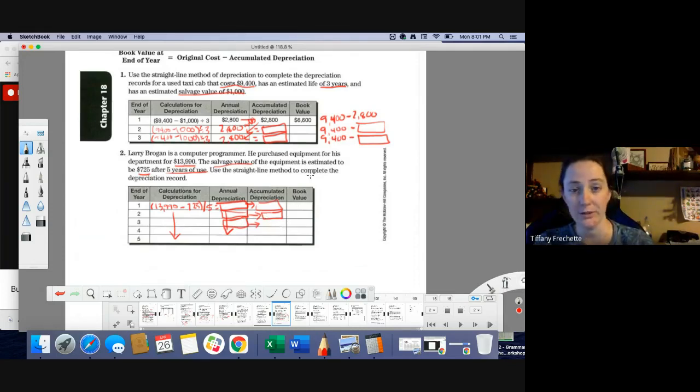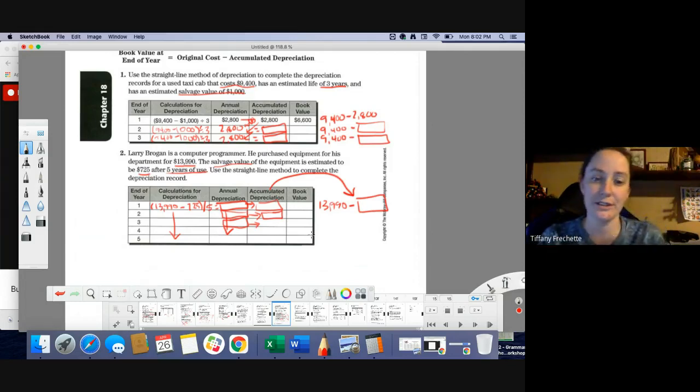And then book value, just like we did up here, you take your total. What did you buy it for? And you're going to subtract your accumulated depreciation, so this column. So you have to fill this in. I'm not filling it in for you because I don't think this is too terribly difficult. We're just doing some basic calculations here.